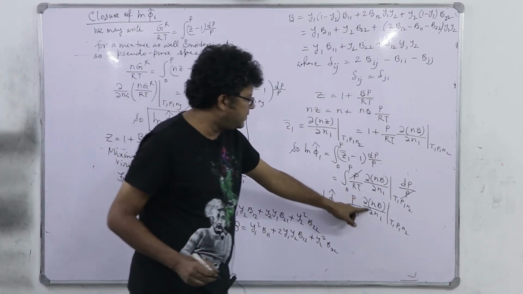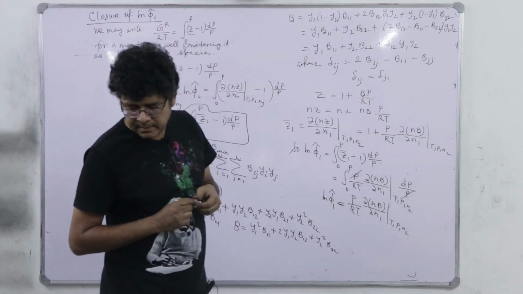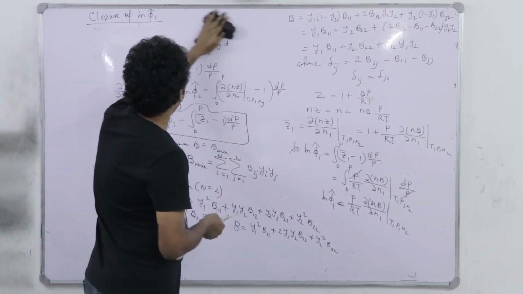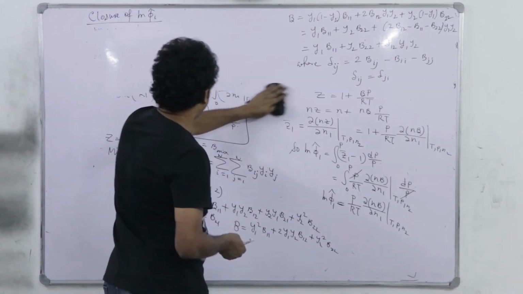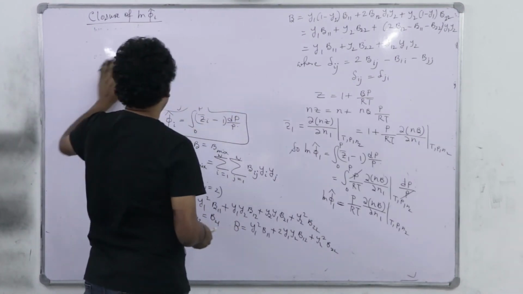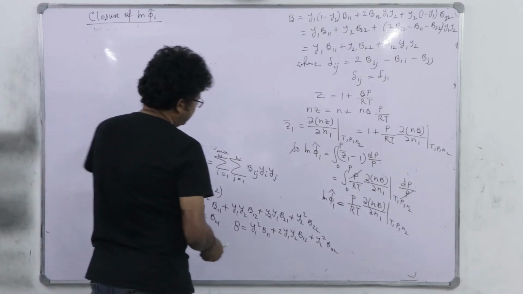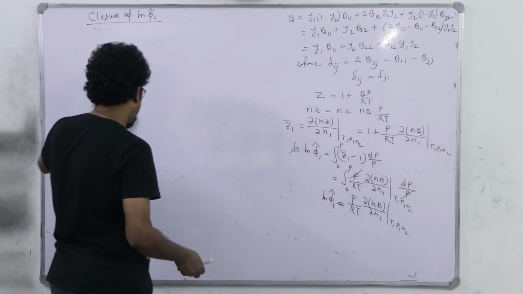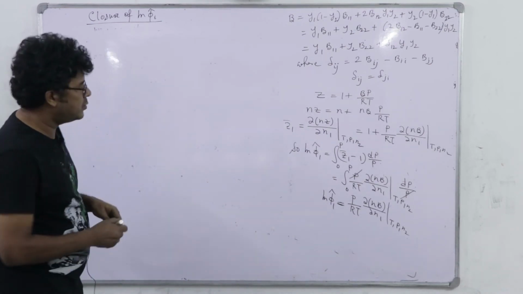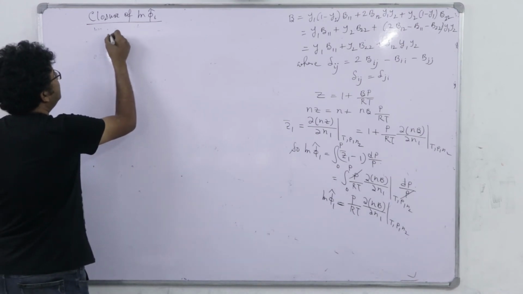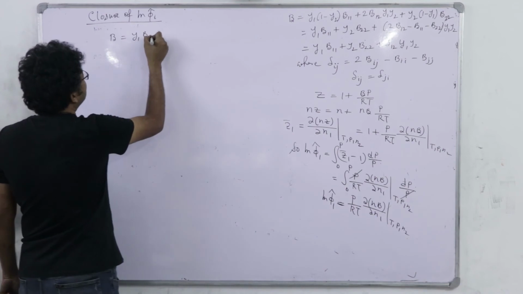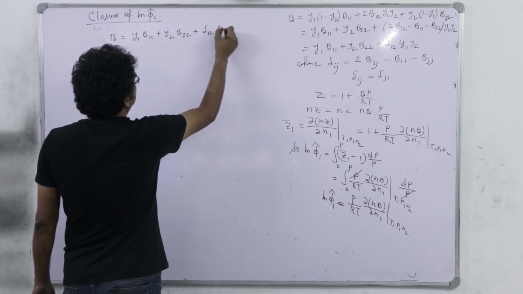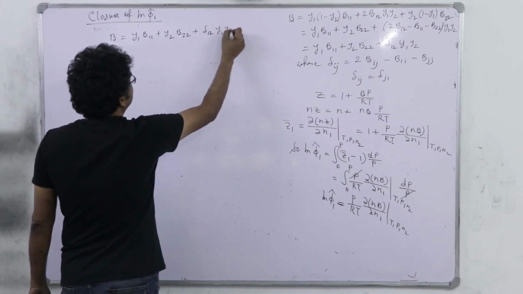So, we have to find this derivative when we have this mixing rule, right. We have simplified it for a binary system, so let us solve for del NB by del N1 at constant temperature, pressure and N2. We have B equal to y1 B11 plus y2 B22 plus delta 12 y1 y2.